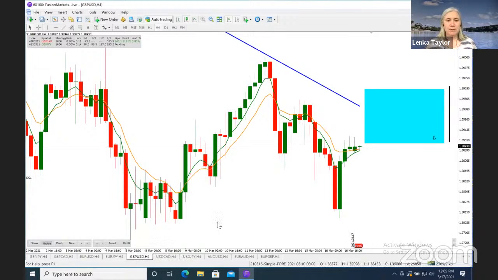Next one is GBP/USD. This one came up to that area near the trend line, but didn't have a good setup for a short, so I'm still waiting. If it pulls back a bit further and gives us a good setup, then I would be interested.